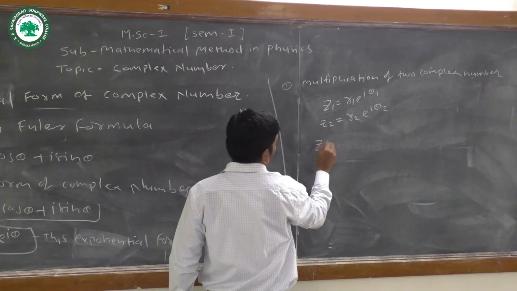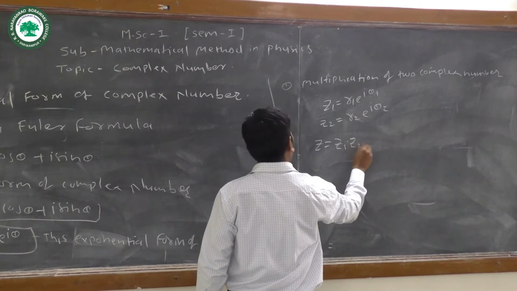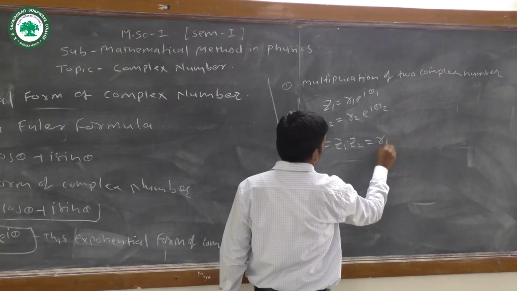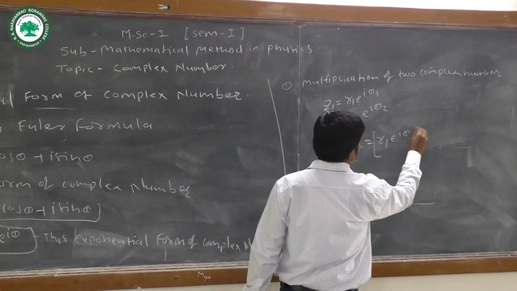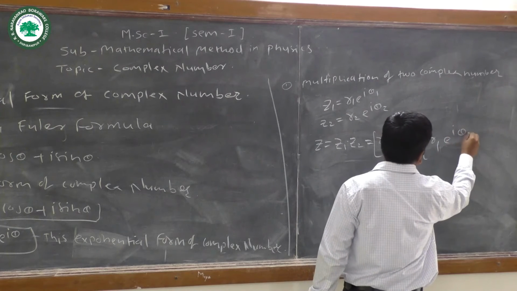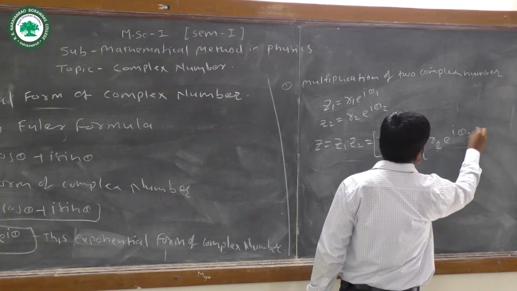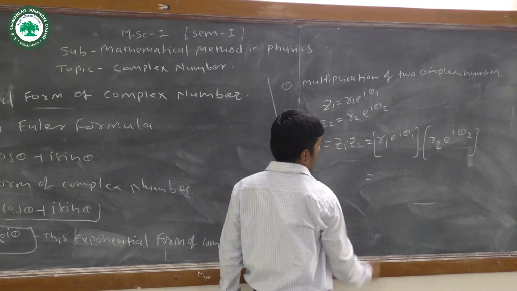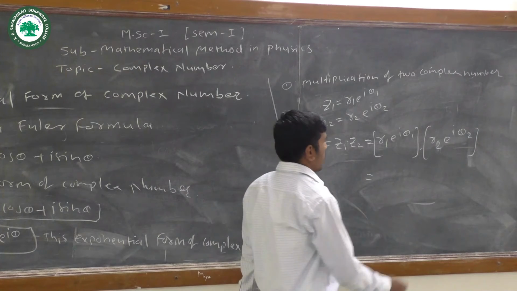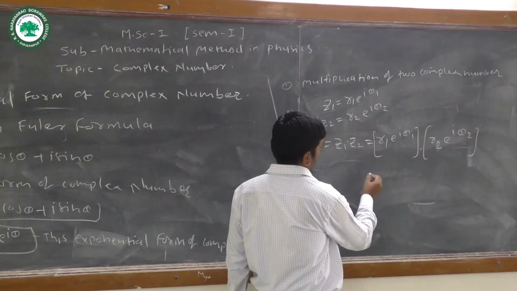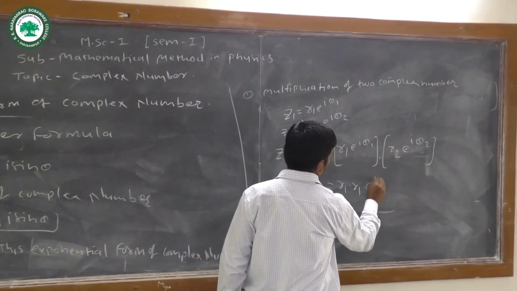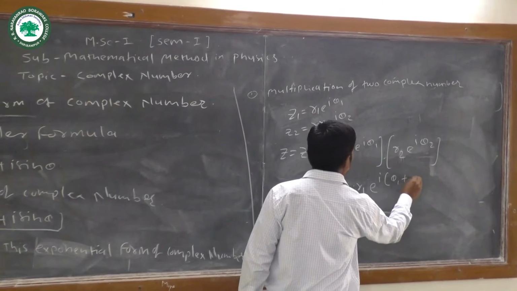For the multiplication, z is equal to z1 into z2, so r1 e raised to i theta 1 into r2 e raised to i theta 2. Here r is the modulus of the complex number, and theta is the argument. So we can write r1 r2 e raised to i theta 1 plus theta 2.